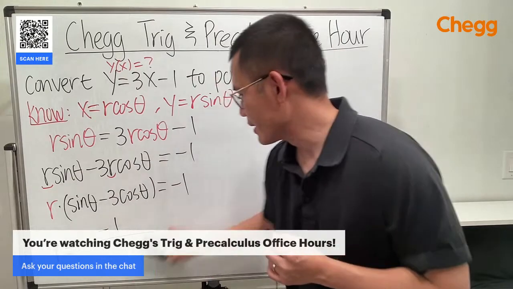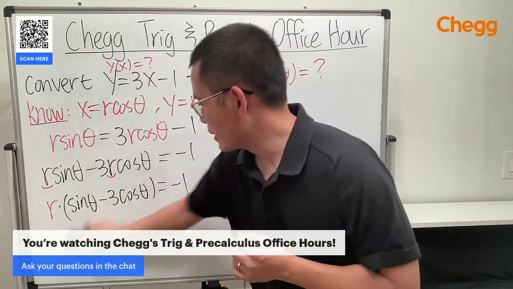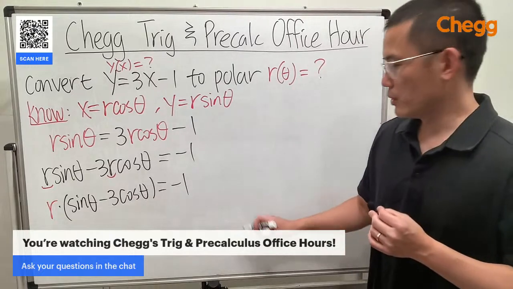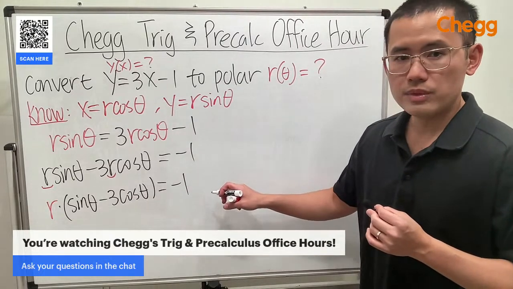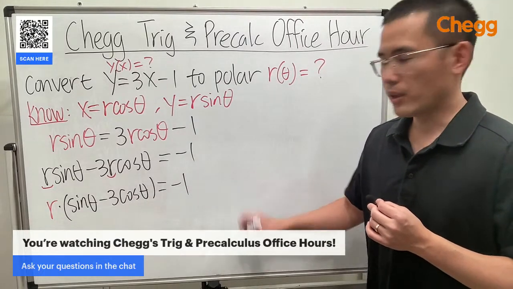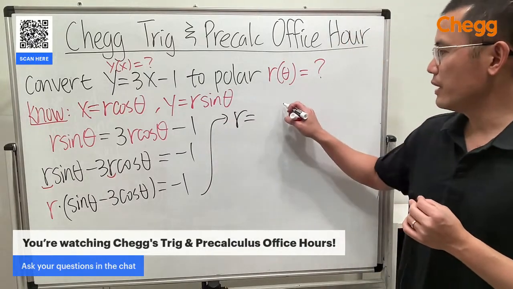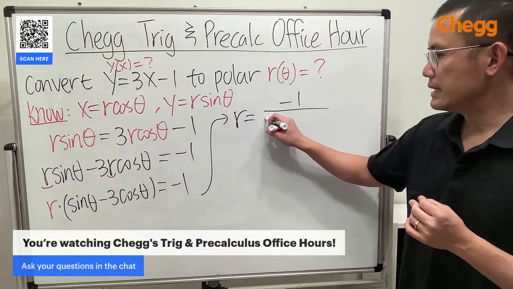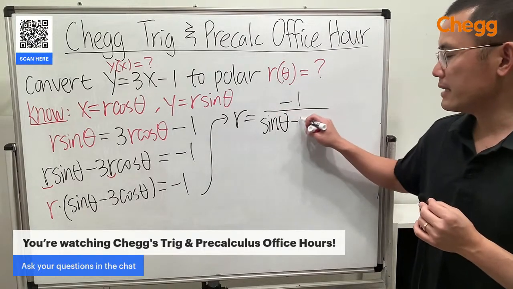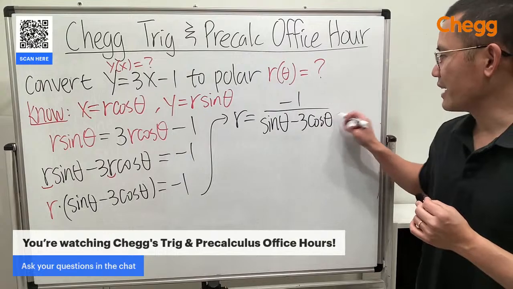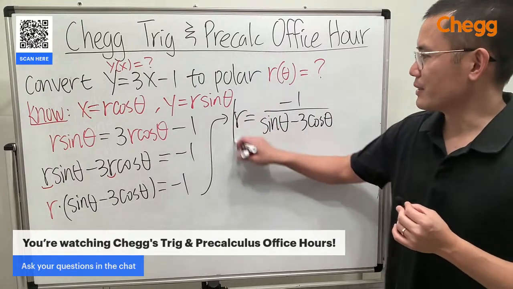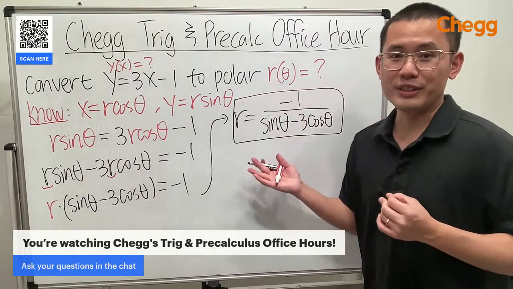Oh, sorry, you guys cannot see that. I'm going to write it down right here. r is equal to negative 1 over sine theta minus 3 cosine theta. So this right here is the polar equation.